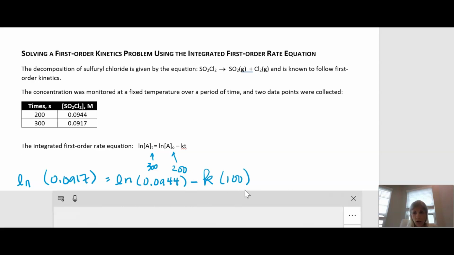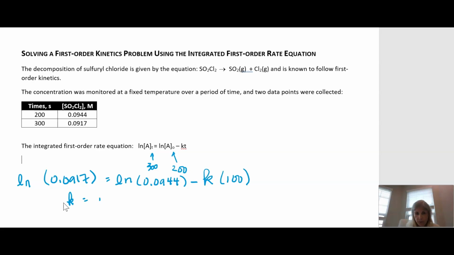So now we can solve for k. Go ahead and solve for k. You get k equals 2.90, we have 3 significant figures, times 10 to the minus 4.